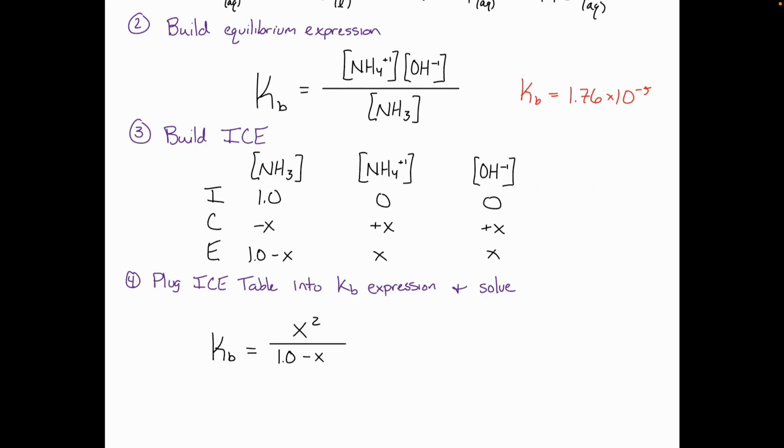Just like before, I can make the assumption that x is going to be really tiny. So I'm going to just drop that minus x from my denominator.